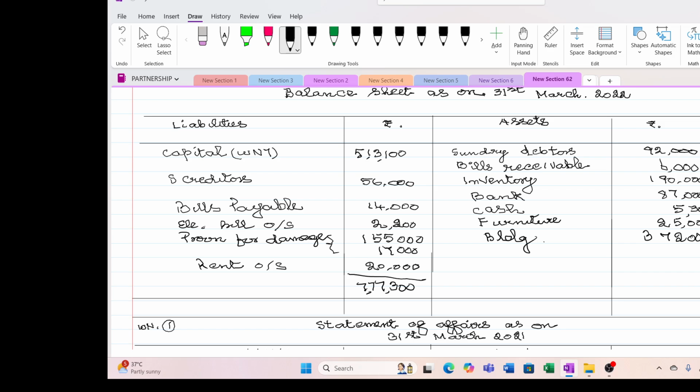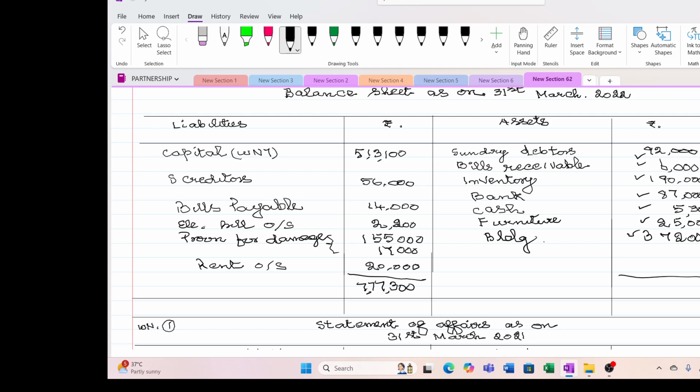Now this side it is 92,000, 6,000, 25,000, 3,72,000, then 57,000, 5,300 and 1,90,000.